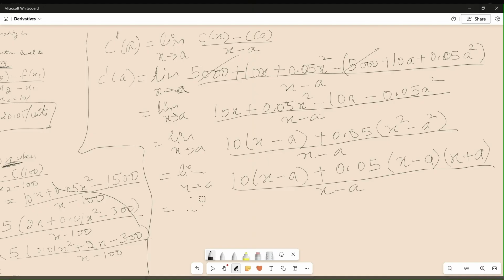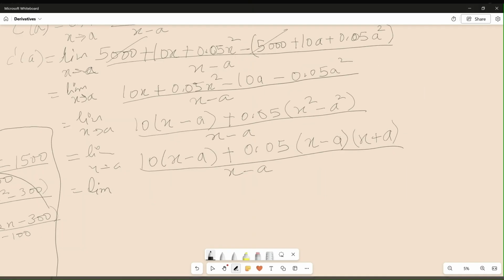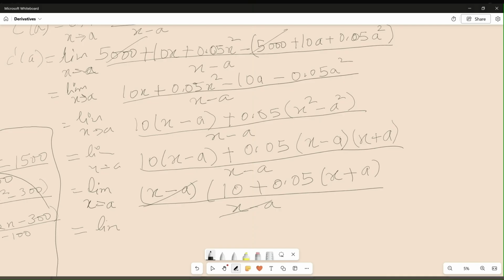Excuse my handwriting as well, it's giving me a really hard time. Limit as x approaches a of this. Taking x minus a common factor, what we are left with is 10 plus 0.05 times x plus a, divided by x minus a. That cancels out, right? We are left with the limit as x approaches a of 10 plus 0.05 times x plus a.